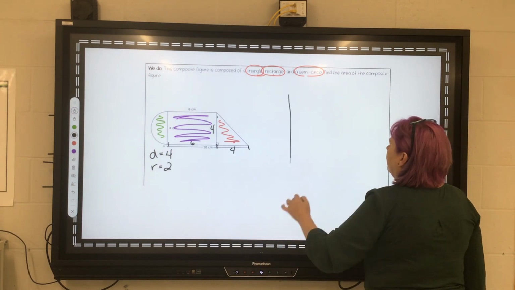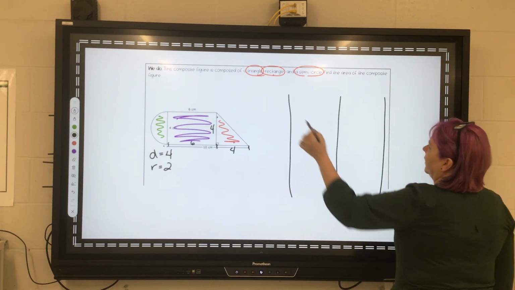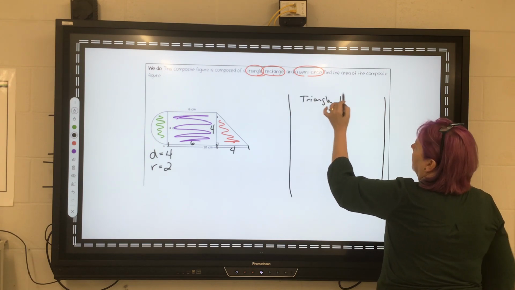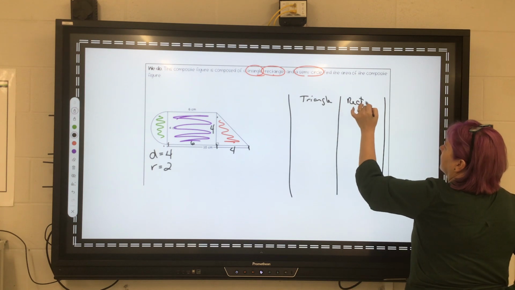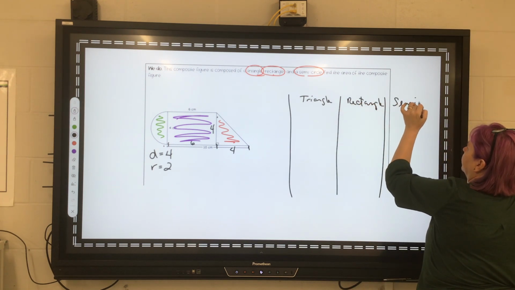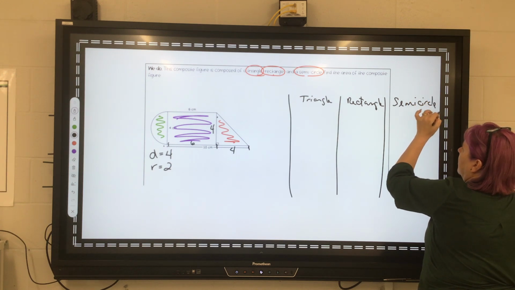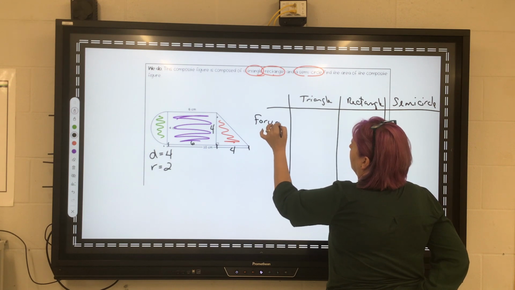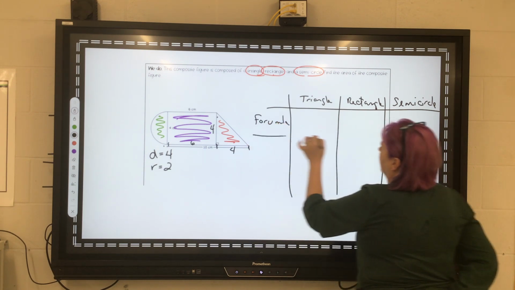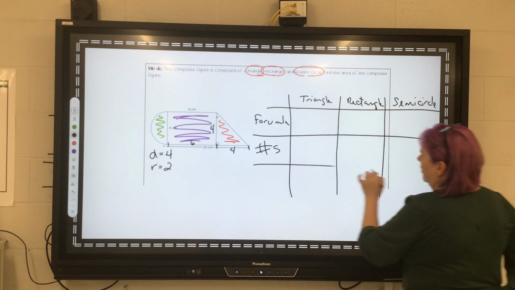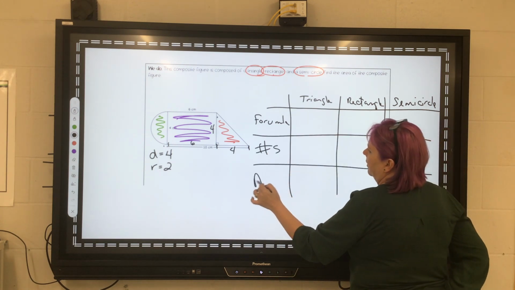And now I'm going to make a chart, and I got my triangle, my rectangle, and my semicircle. And I need my formula, my numbers, and then my area.